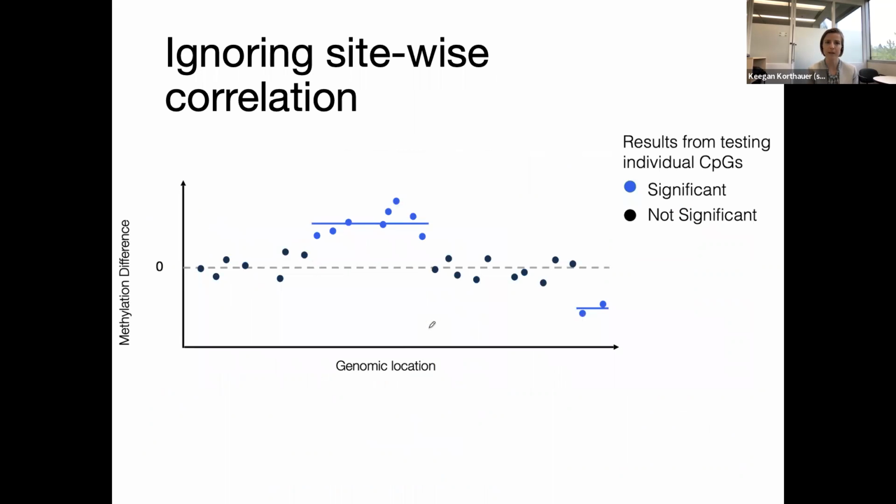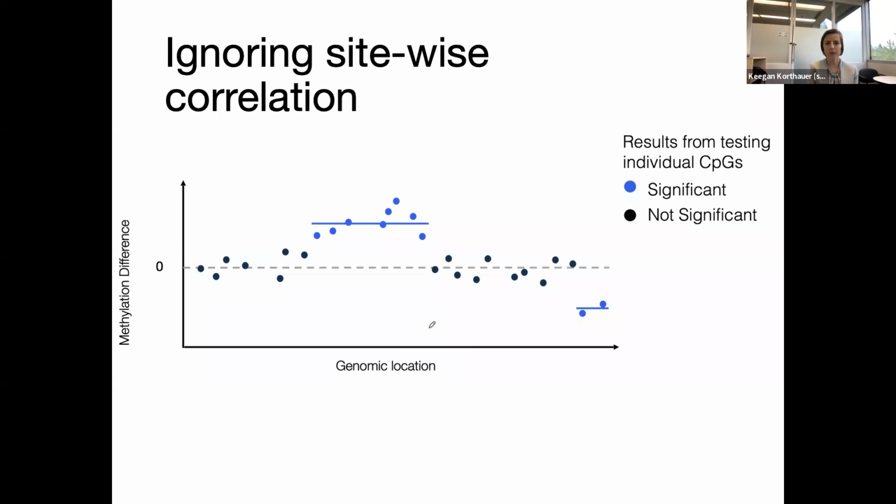To understand this and the way the original analysis was done, we're going to go through this cartoon. Again, the original method does not take into account this critical factor of site-wise correlation. We know that methylation levels of nearby sites tend to be similar to one another. They're not independent.